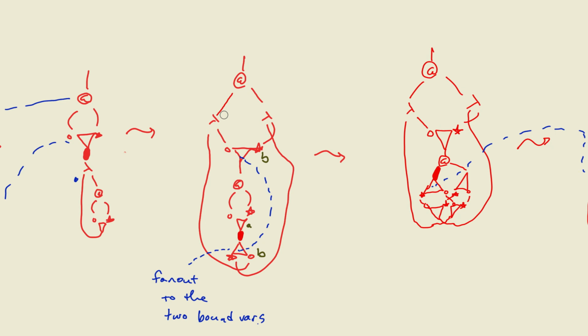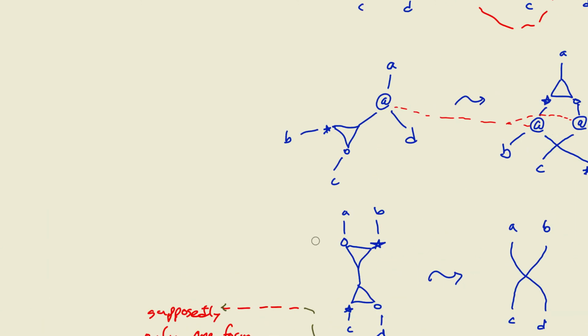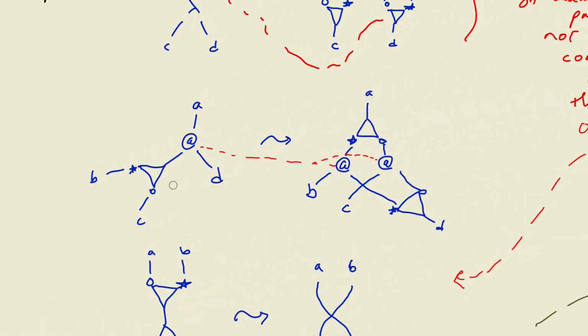So there's other little things about where the duplicators are being pushed. If you go back to these rules, it could be, for example, say that B and C were just lambda-bound variables.